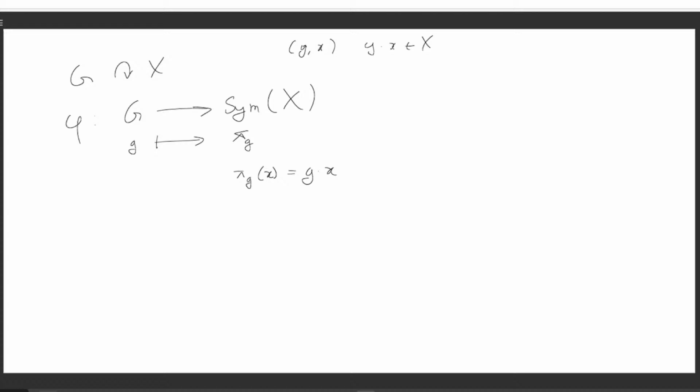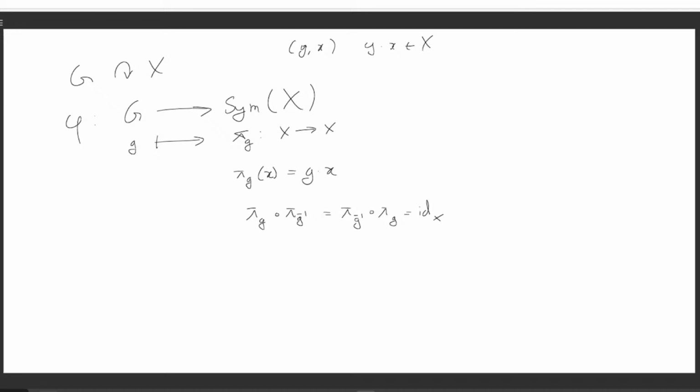But pi g is a function from X to X. That is obvious, because you take an x, get g dot x, which is also an element of X. Is it a permutation? Yeah, because you can cancel it by g inverse. So the inverse exists. Observe that pi g after pi g inverse equals the identity function on X. So it is definitely a permutation. So corresponding to g, you get a permutation of X if you have a group action.